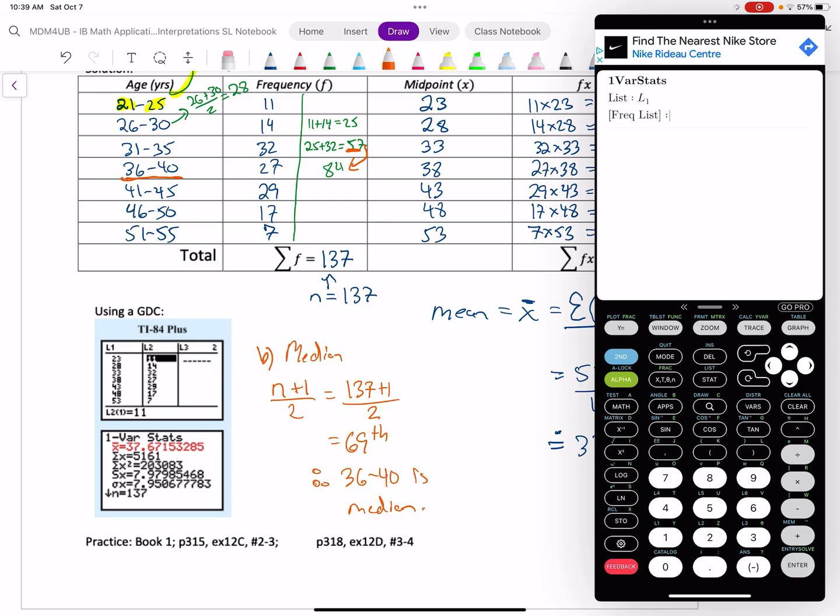And you just have to remember in frequency list, you go second function L2, and then you just go to calculate and press enter, and all that information is there. So we get the same answer. You have 37.7. The median is 38, because they gave it as the midpoint, since that's what we entered. Then there's a whole bunch of other stuff in there that we're going to learn about.